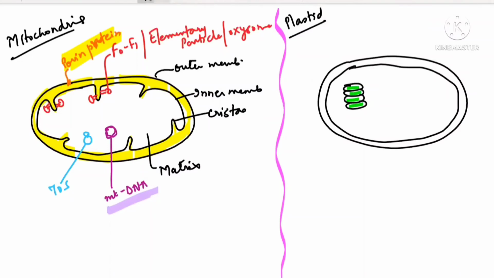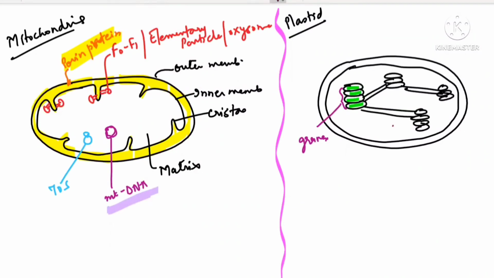A stack of thylakoids is known as grana. This is one granum. We can make another granum. This is the way grana are present. And between the two grana, you find the stroma lamella. Then apart from this, it has chloroplast DNA. It has 70S ribosome.